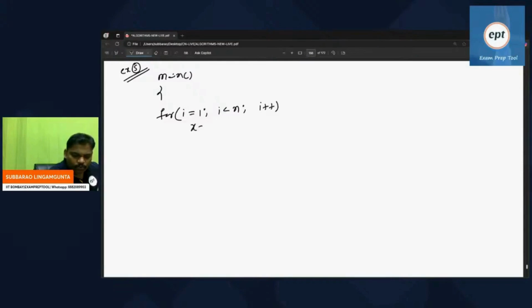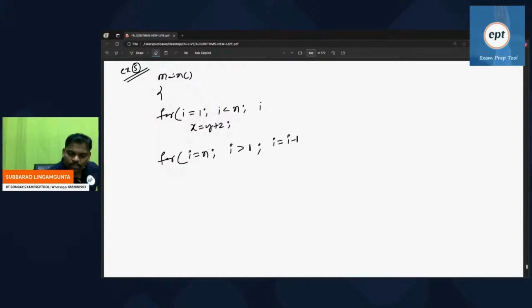Next one, for i equal to n, i greater than 1, i equal to i minus 1. Above, i plus plus means i equal to i plus 1.